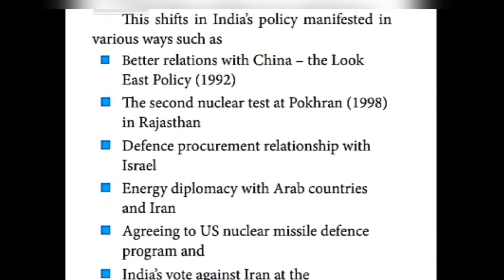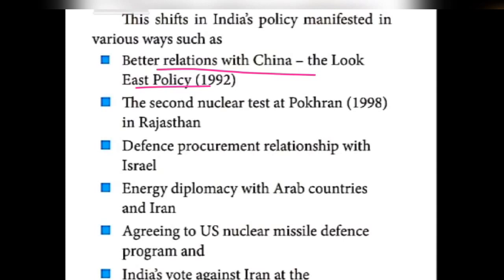India's policy manifested in various ways, such as better relations with China. It had a relationship from 1992 onwards. The Look East policy, the year 1992. So Western countries were threatened by India's nuclear experiments, and from that time onwards India shifted its policy.